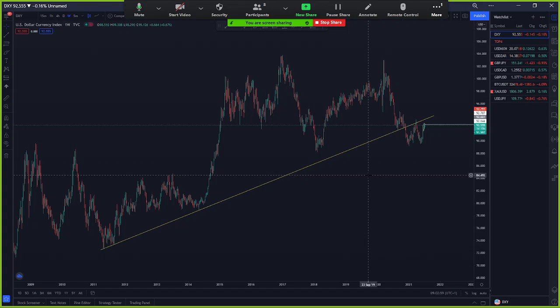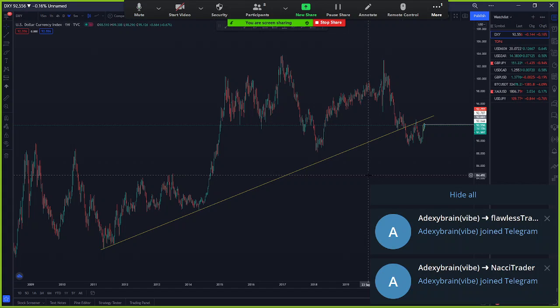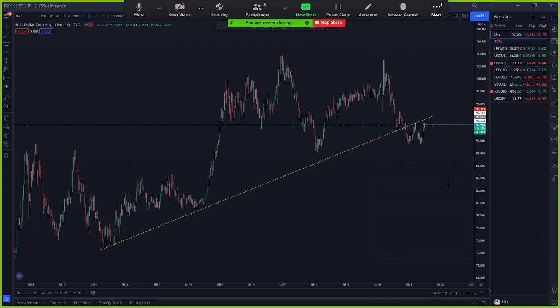Irrespective of what you're seeing on a smaller time frame, the first time frame you start your analysis from is the daily time frame. Most times you have setups that are ready on the daily for a bullish impulse momentum, and on the smaller time frame you're having a bearish setup.